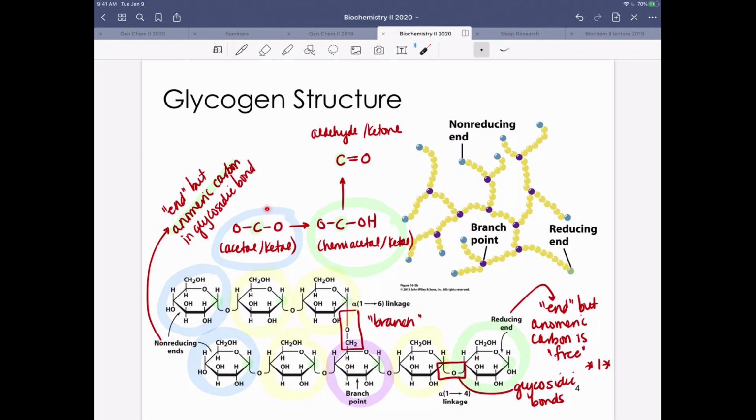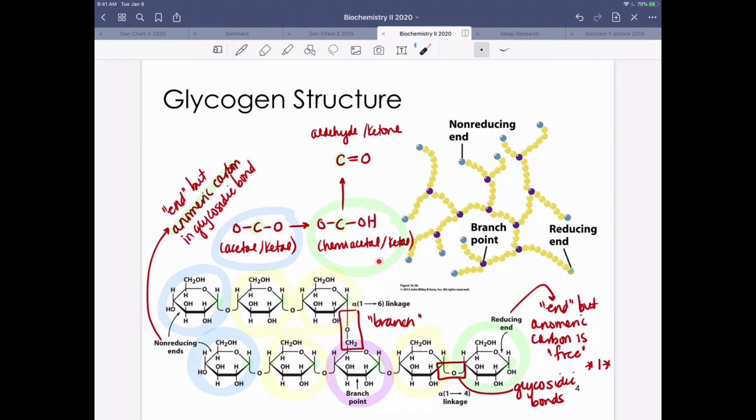If we break that glycosidic bond, and we, for example, just have a free but cyclized sugar, we will have that anomeric carbon with a free hydroxyl group. So again, this sugar right here does not have a glycosidic bond on its C1 carbon atom. So it's a hemiacetal or a hemiketal.